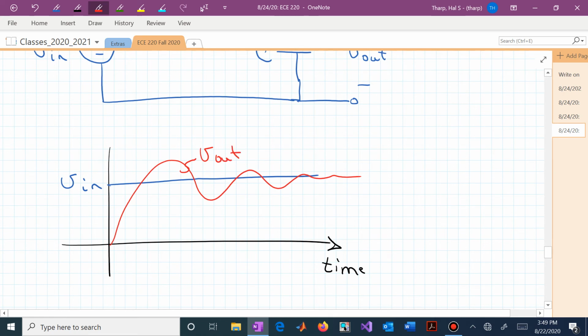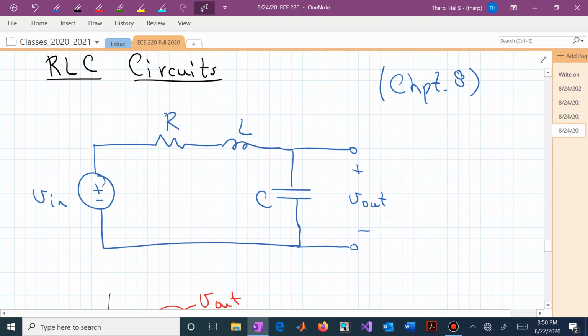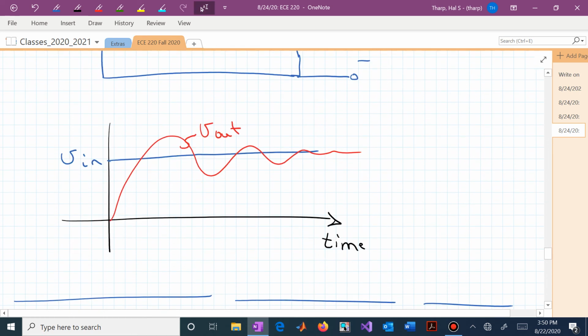What the output voltage looks like is going to obviously depend on the particular values of R, L, and C. Depending on R, L, and C, it may have that first order type RC behavior.